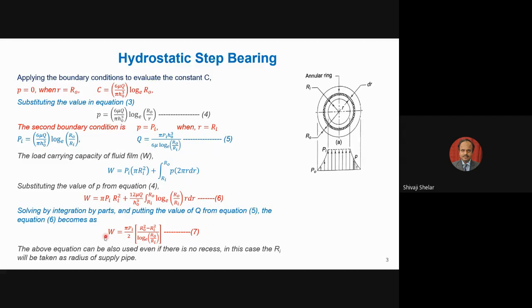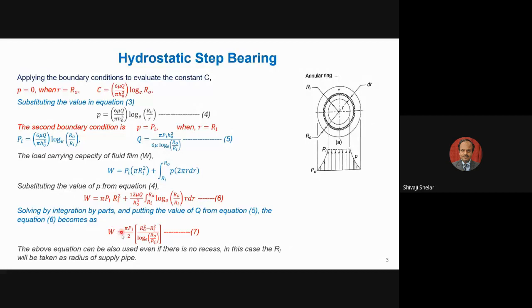So equation 7 indicates the load carrying capacity. Based on capacity also, you can determine the supply pressure. Supply pressure can be determined by this relation as well as this relation. So what is the minimum supply pressure required? The minimum supply pressure required can be determined by this relation. This will give the actual supply pressure required, but this will give you the minimum supply pressure.